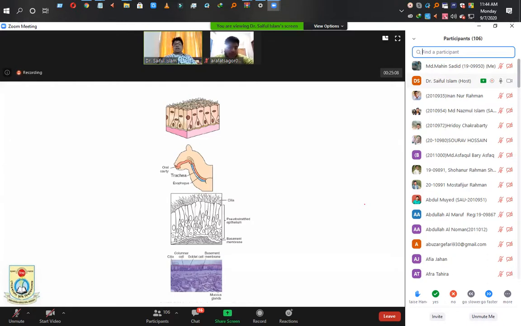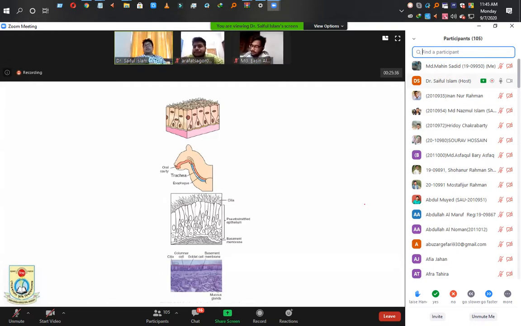You will find this in the respiratory tract. Always we are taking in some dust by breathing. If these dust particles enter the lungs, then we will die. So the respiratory tube is lined by pseudo-stratified epithelium with cilia.